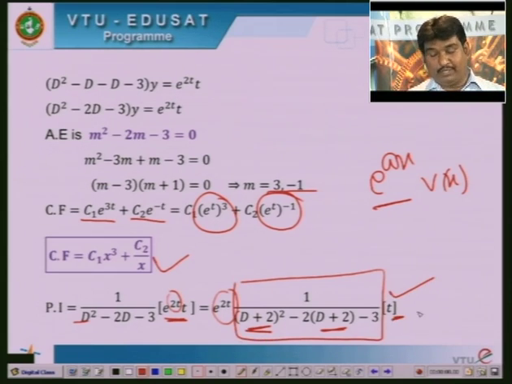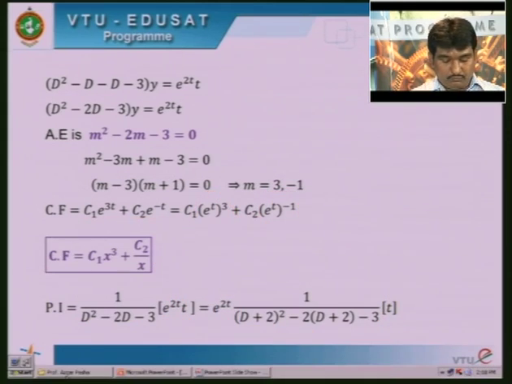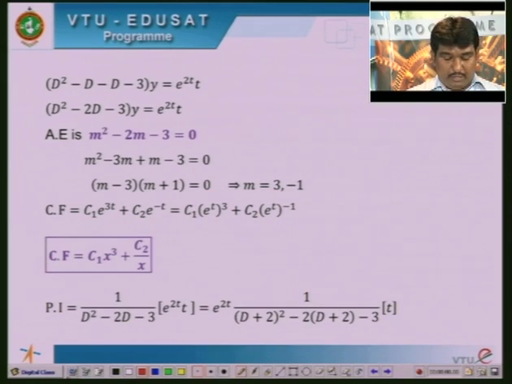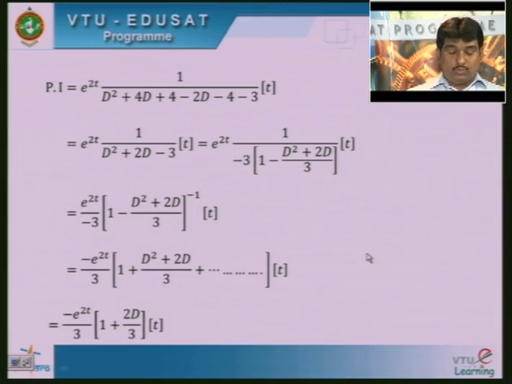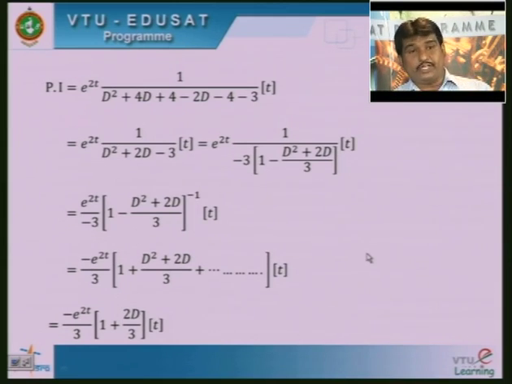This is a polynomial. So two methods as I mentioned earlier. Okay, now you simplify this to get e to the power of t into 1 by D square plus 2D minus 3 operated on t.